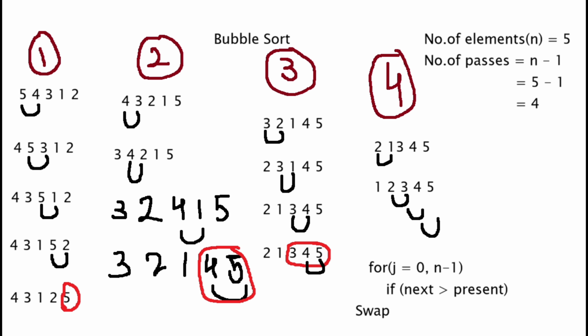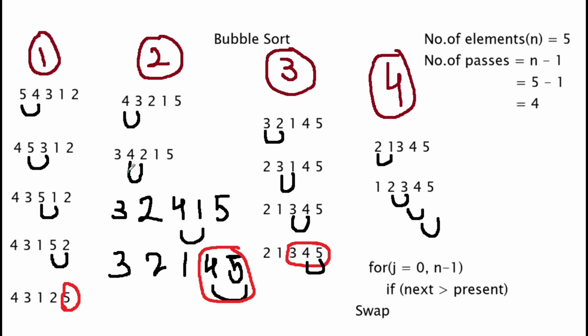If you take this example, in the first pass so many swappings are present, like 5 and 4, 5 and 3, 5 and 1, 5 and 2, 2 and 5.